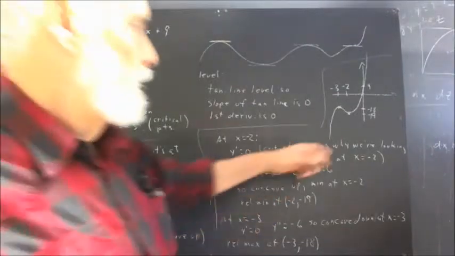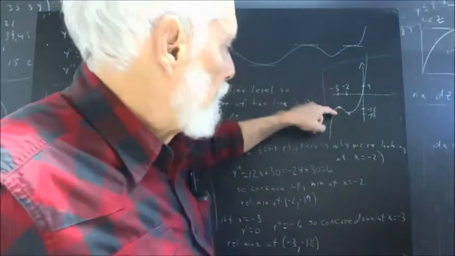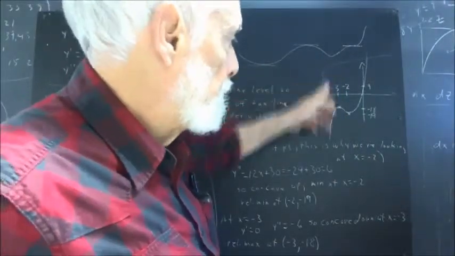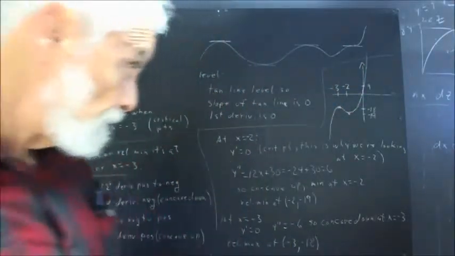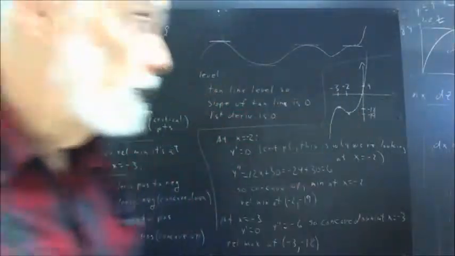Now the scale of this graph is exaggerated between here and here. This point won't look all that much lower on the graph than this point, but I wanted to be sure to show clearly that we have a relative maximum here and a relative minimum here.